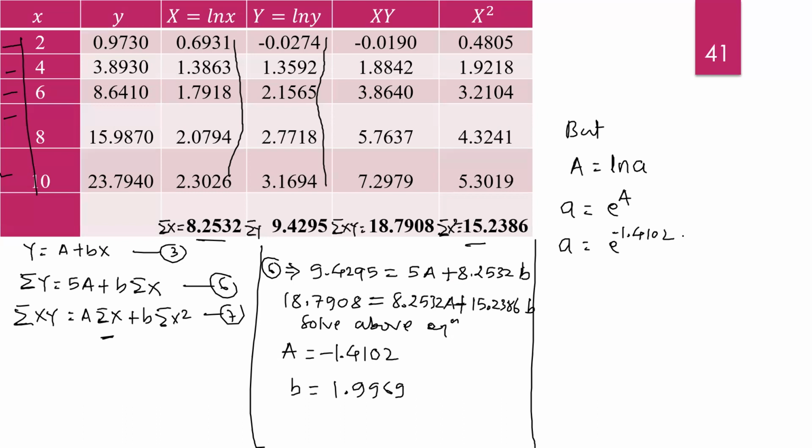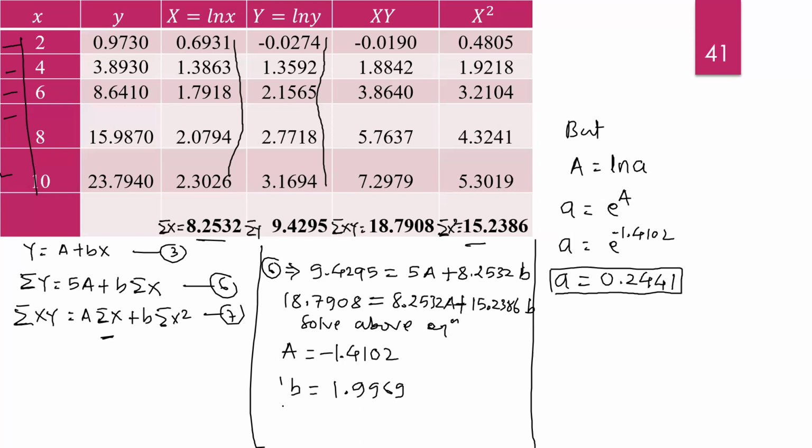So we get A is equal to 0.24409, and instead of that I am writing 0.2441. We round off to the fourth place.